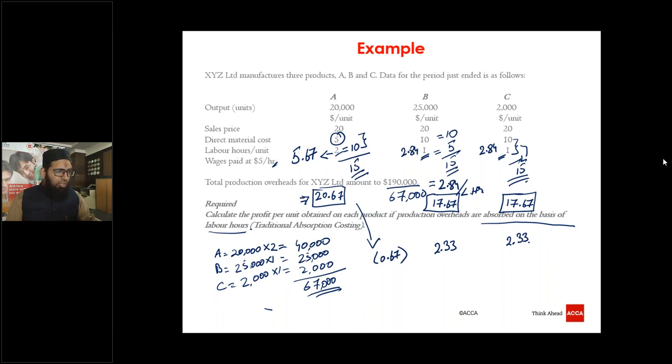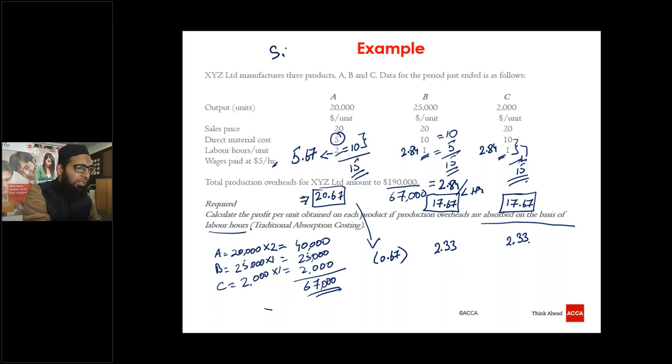One of the students has asked me, please can you walk through again? Okay, I will. To calculate the profit per unit, I have to subtract the full product cost from the selling price.